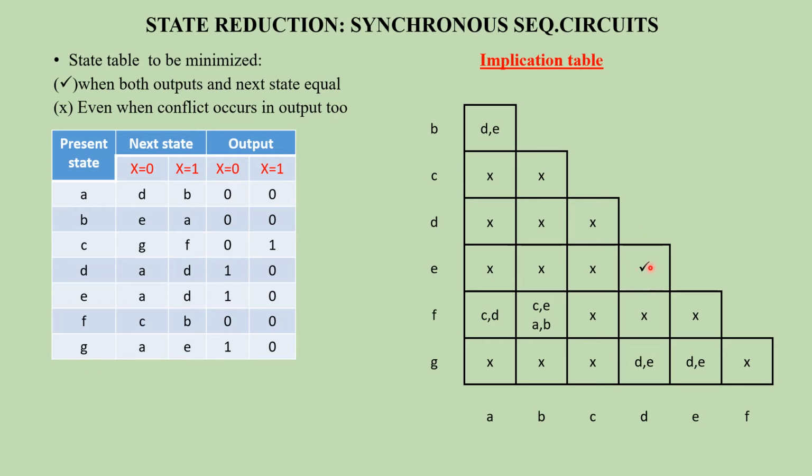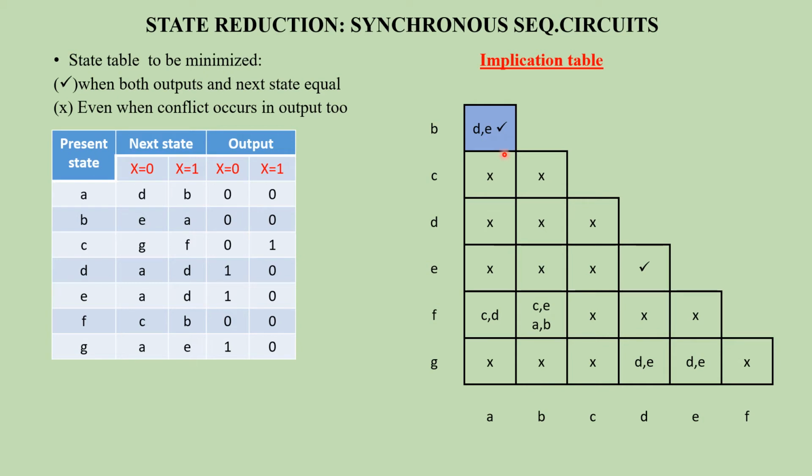So now since D and E have a tick mark, look back at the table. Wherever you have this implied state, you can put a tick mark, right? So you can put a tick mark for D comma E in A is equal to B. Since D is equal to E, if A equal to B, then it is equal, right?